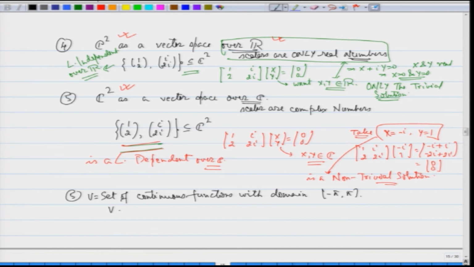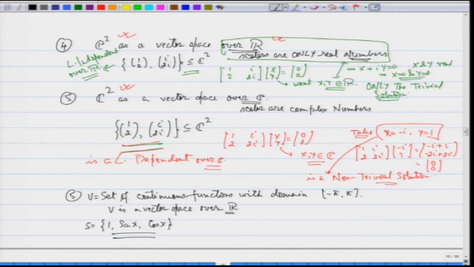So, V is a vector space over R. We are allowing the scalars to be real numbers. Now, in this set I would like to take vectors, say S is equal to 1, sin x and cos x. These are three continuous functions. I want to check whether they are linearly independent or not.